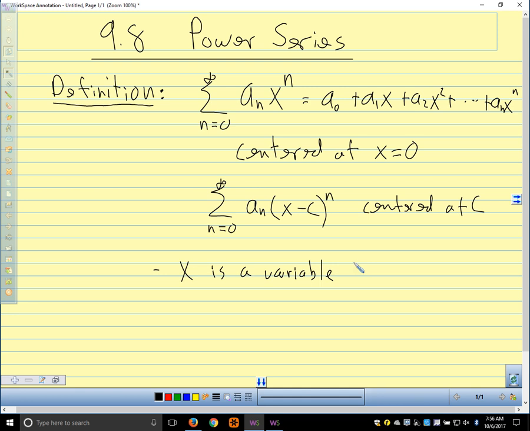We think of a power series as a function of x. And we say the domain of the series is the values of x for which the series converges.